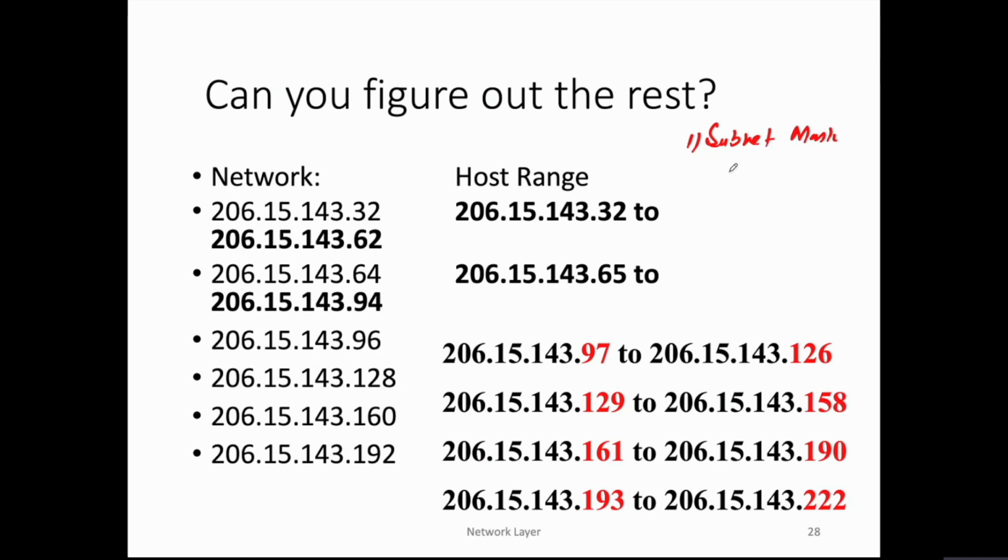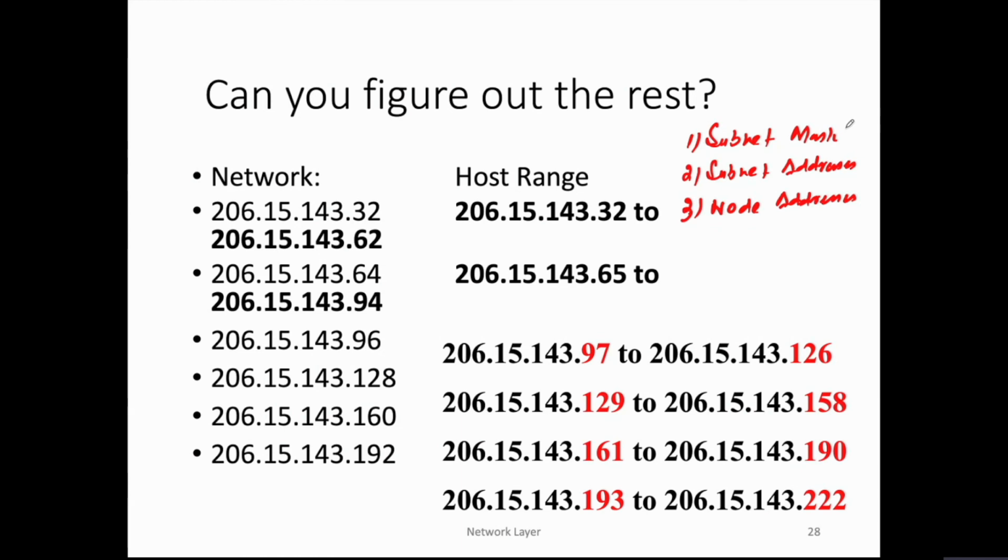The bits that we have borrowed from the host portion will have value 1, and we will calculate the subnet mask. Then we will calculate subnet addresses, and then after that, we will calculate node addresses. And this shall complete our subnetting process.